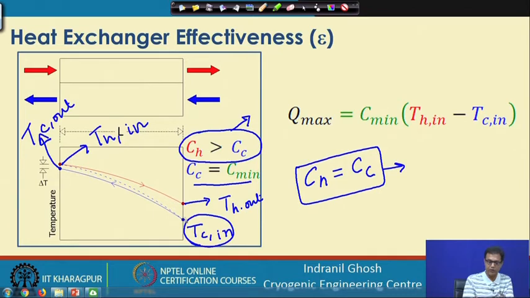The coldest fluid is not crossing the maximum temperature, the hottest temperature in this process, T H in. T C in will never be able to cross T H in, or in other words, T C out can never be more than T H in.